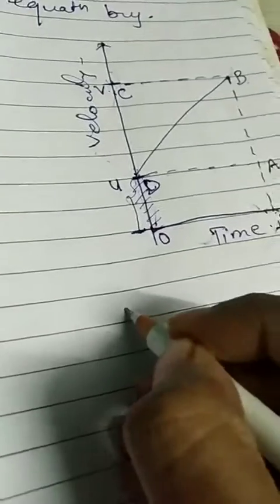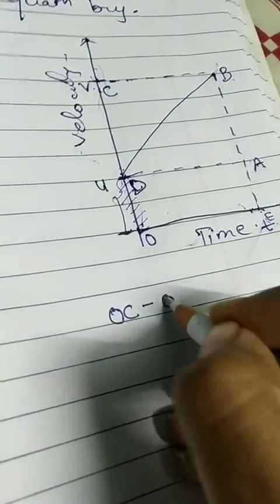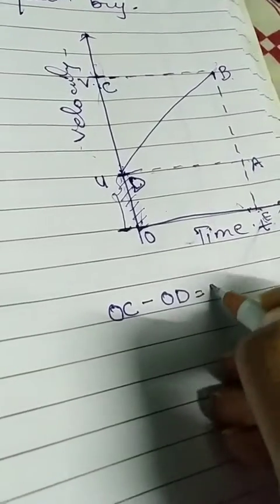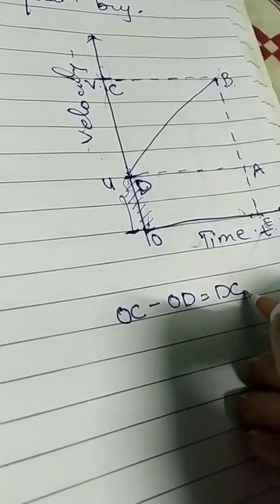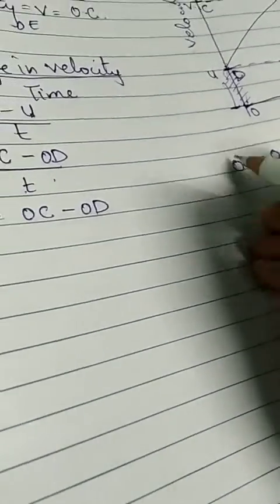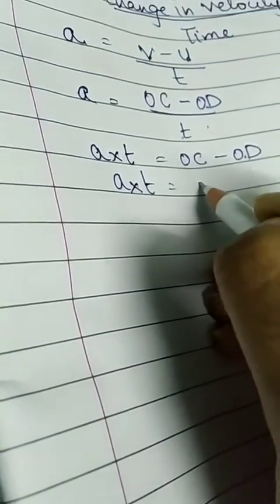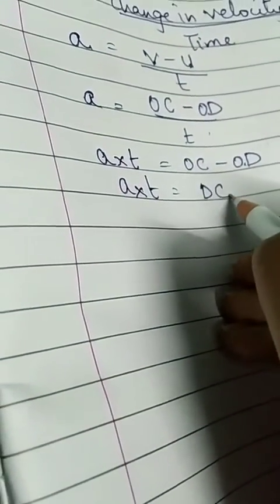So you can say that OC minus OD is equal to DC. Substitute this over here. So it becomes A into T is equal to DC.